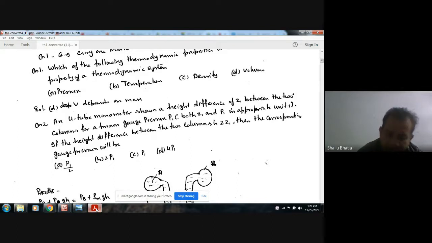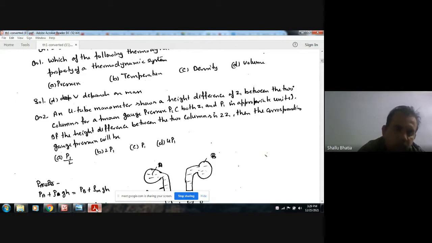So question number two. A U-tube manometer shows a height difference of Z1 between two columns for a known gauge pressure P1, both Z1 and P1 in appropriate units.